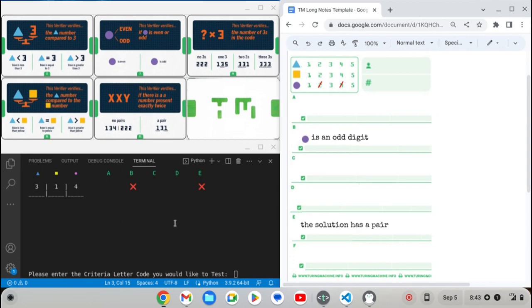So let's see, what else? We do have this comparison. It could be that they are equal. Let's see. Trying to decide which is a better criteria card to test going into round 2. Again, we do have a pair. Very interesting.